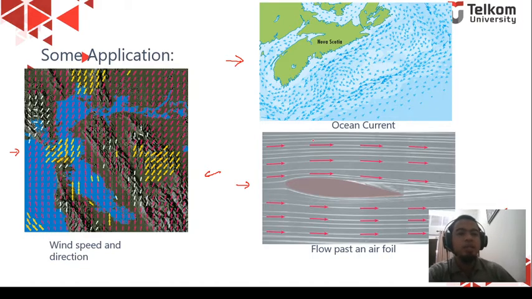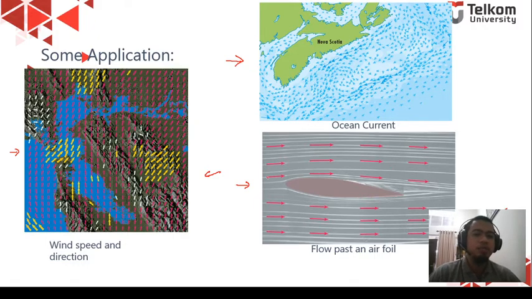And the last one: if you would like to design the wing of an airplane, you can make the design and the simulation between the wing and the air when they interact.